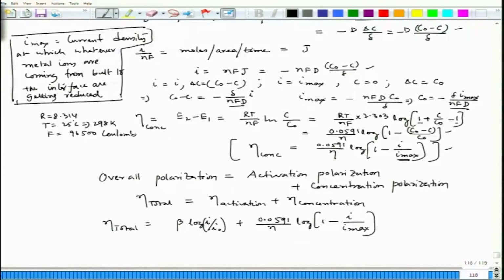Because when we have overall polarization, if we try to reach the concentration polarization end, we should go first through the activation part and then the concentration part will come up. When we have activation controlled polarization, I have enough supply of metal ions from the bulk to the interface. So, there is no concentration depletion at that interface.